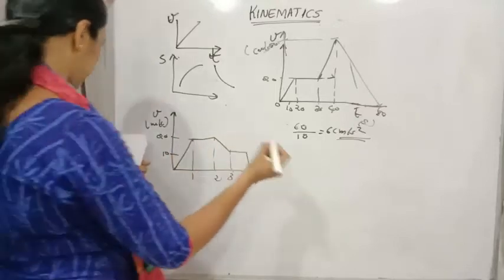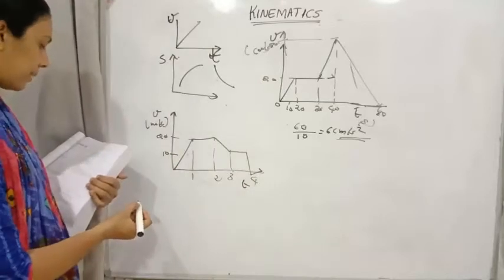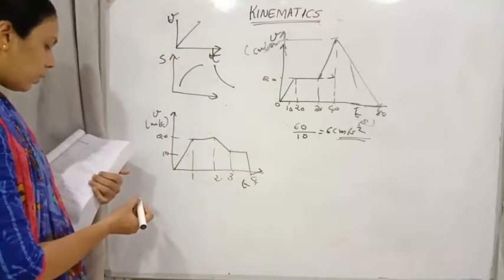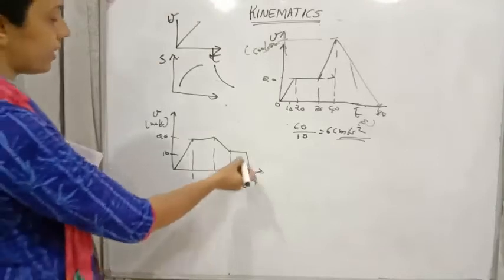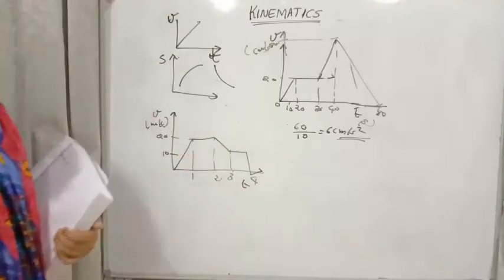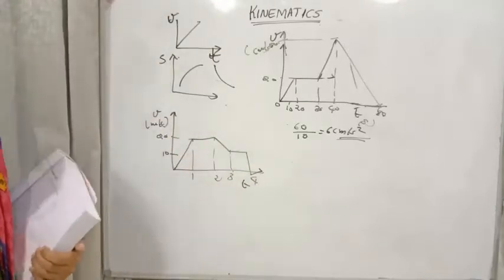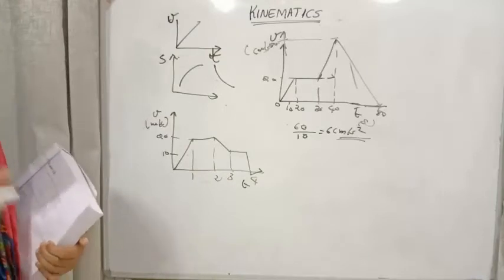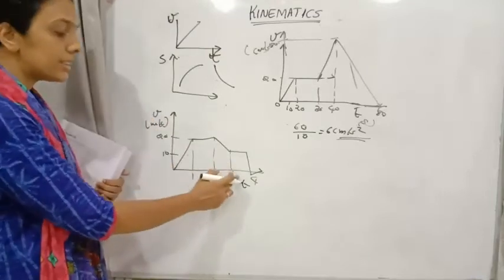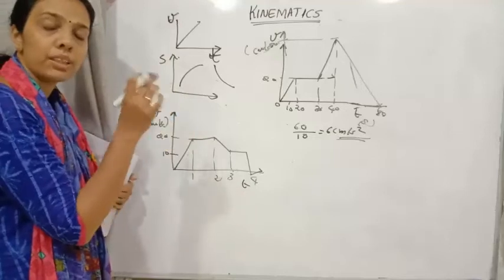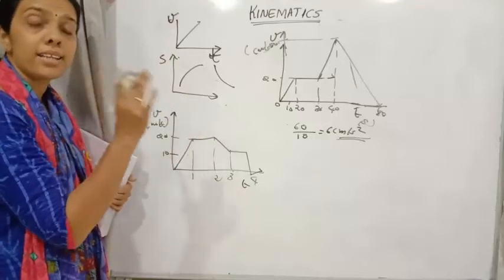So here the distance travelled by the particle in 4 seconds is, see velocity time graph, from the velocity time graph we should find out the distance travelled. How can we find out from the velocity time graph? Distance travelled can be found out with the help of the area under the graph.